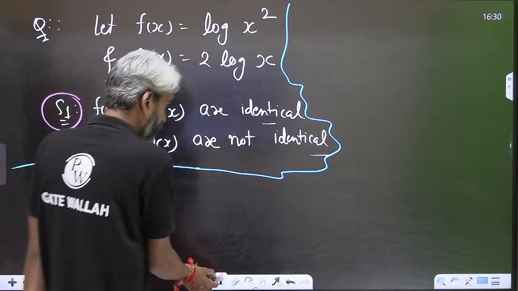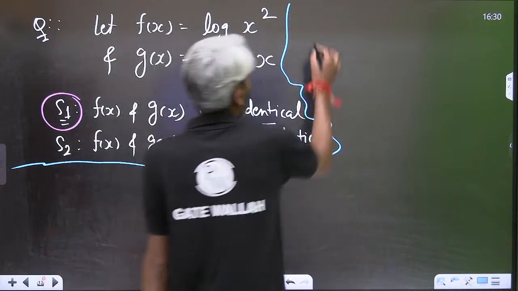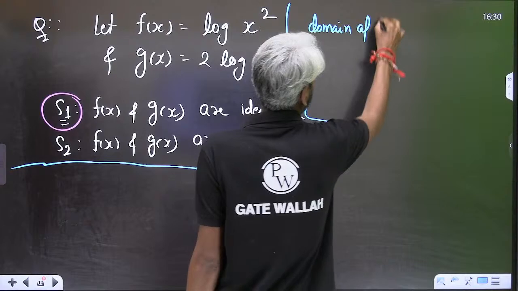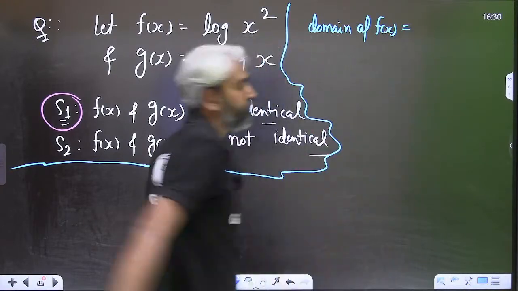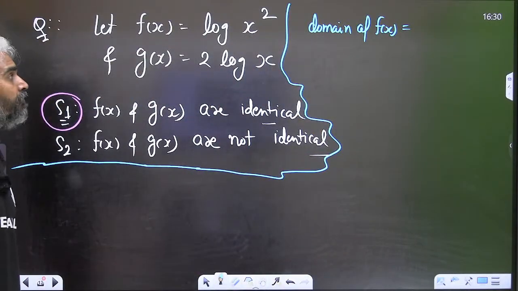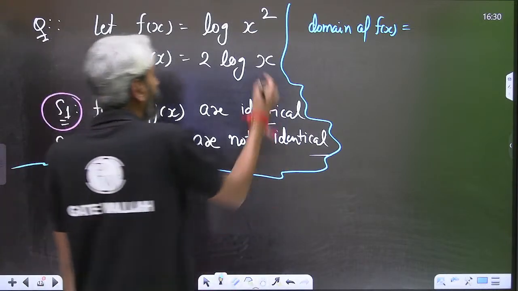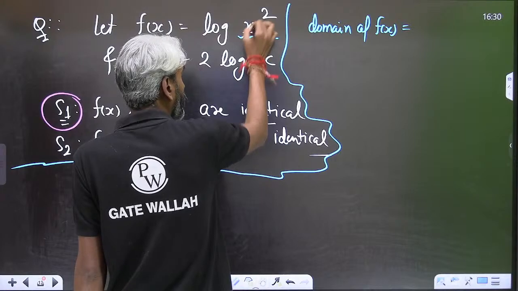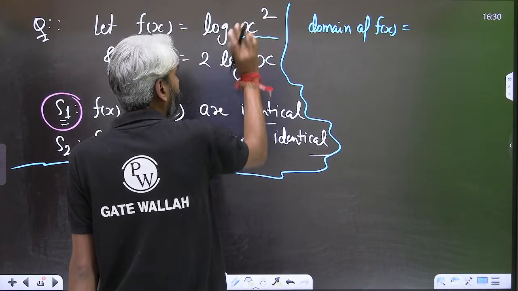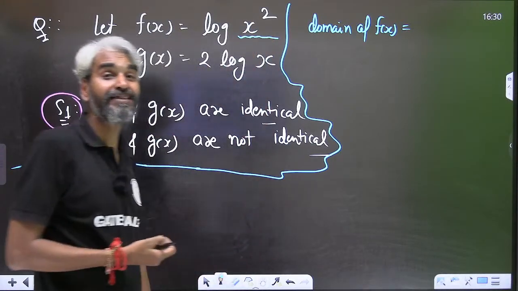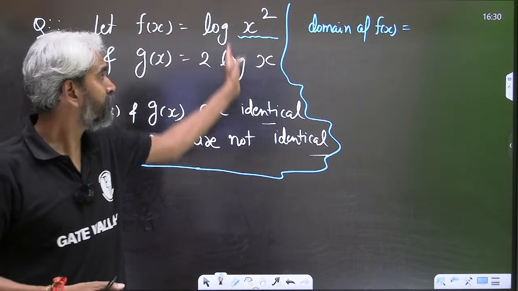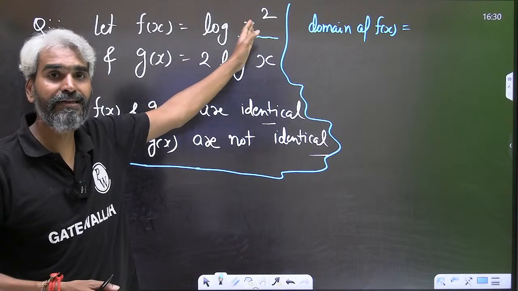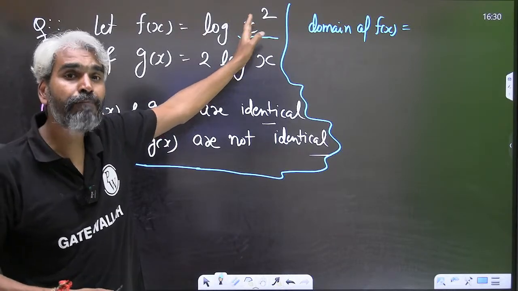Here, what will be the domain of f(x)? Please tell me. The domain of f(x) is that you can pass any real number to this function, log x squared, except x equals 0, because if you pass a negative real number, the square will make it positive.